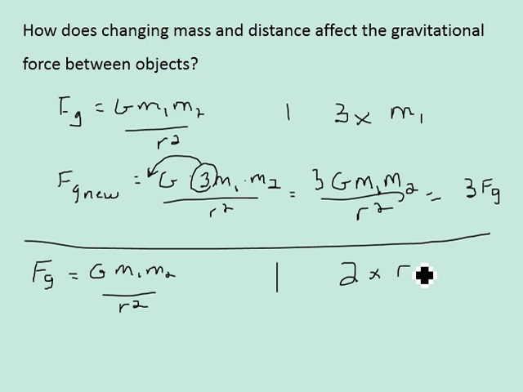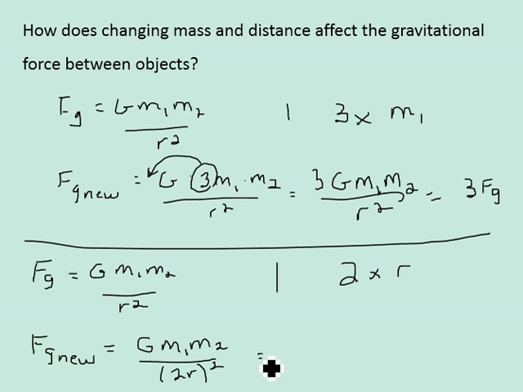And we want to know how that's going to affect the force of gravity between them. So again, we're going to say, well, this new size force of gravity is going to equal G m1 m2. The masses didn't change. And now if I double that, that becomes 2r, that whole quantity squared, right?